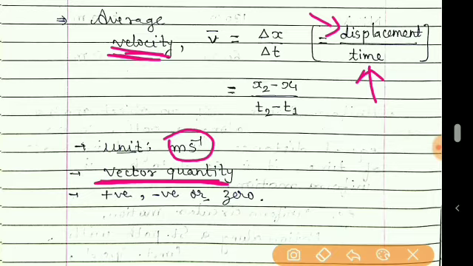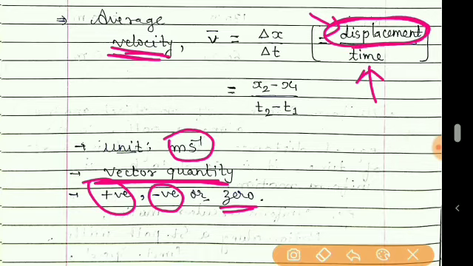Any quantity which involves direction can be positive, negative or zero. We have also studied in an earlier topic that displacement can be positive, negative or zero, and so the velocity.